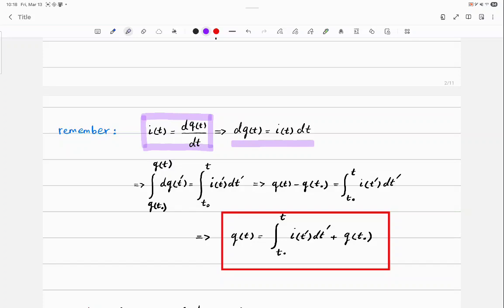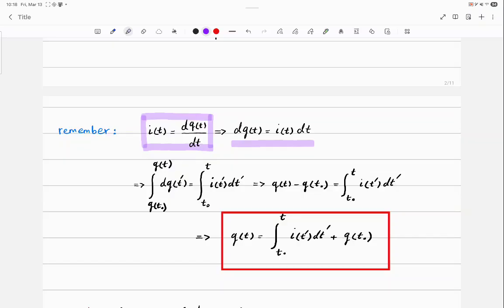So the left-hand side should be integrated over q, the right-hand side should be integrated over time. Am I making sense to everyone? So the left-hand side, I've integrated from two arbitrary numbers, from q(t0) to q(t), and the right-hand side from t0 to t.